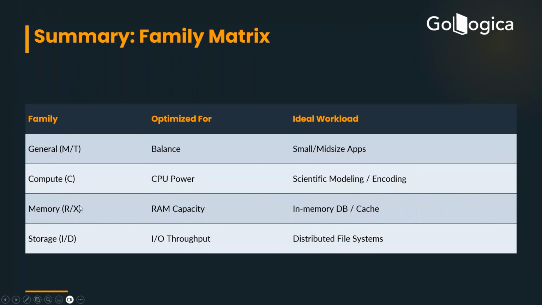Memory optimized, R and X, gives you better RAM capacity, ideal for in-memory databases and caches. And storage optimized, I and D, gives you better throughput, with better input output operations per second. Ideal workloads are distributed file systems, where you need faster reads and writes.